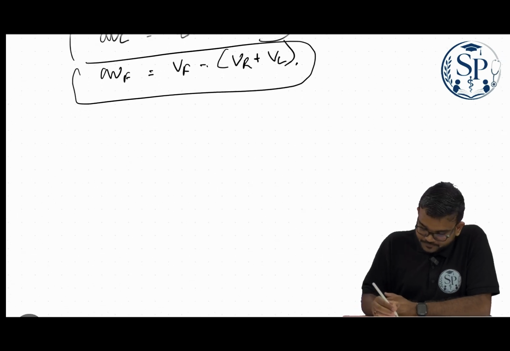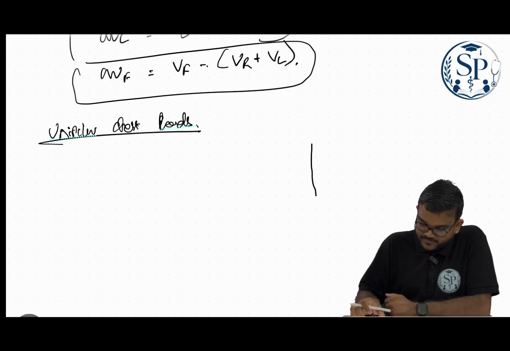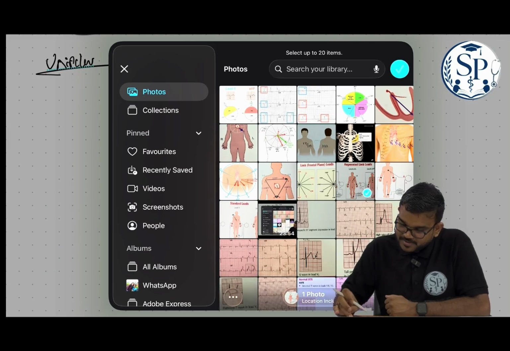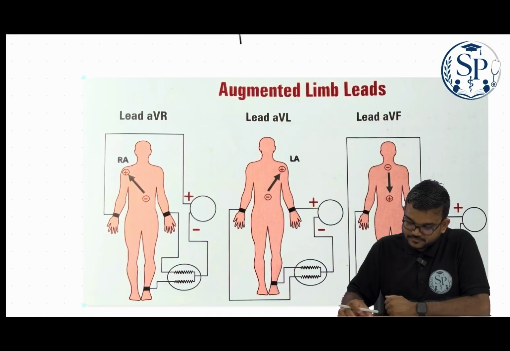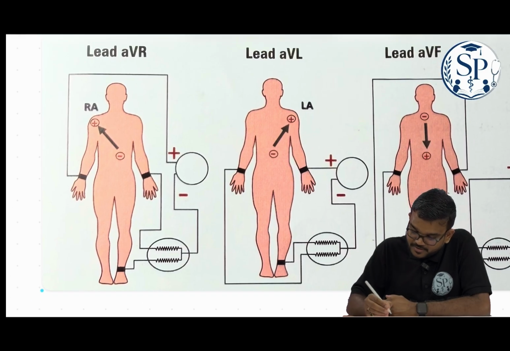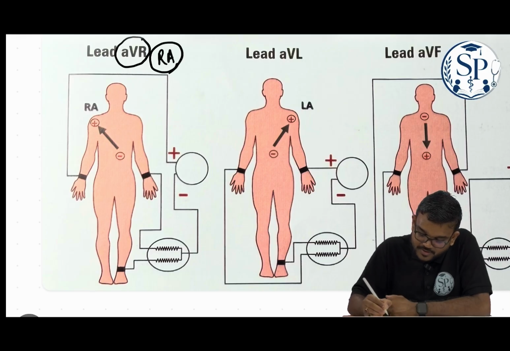Okay, now where the unipolar chest leads are placed. Before that, I want to show one image regarding the AVR, AVL, AVF concept, augmented leads. See, the lead AVR, look here, AVR means it records the potential at the right arm only.